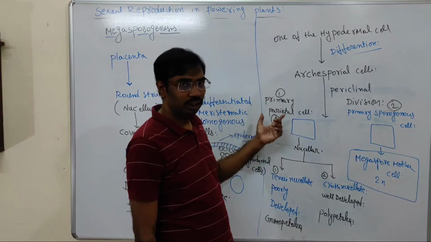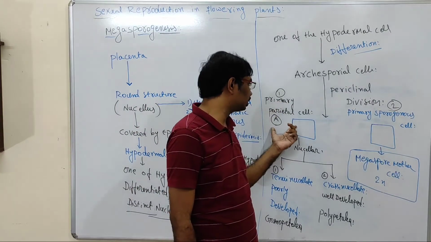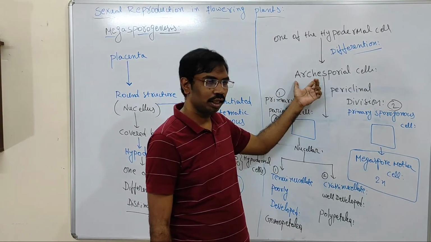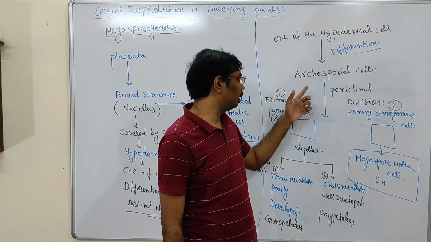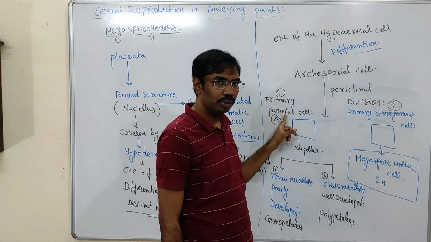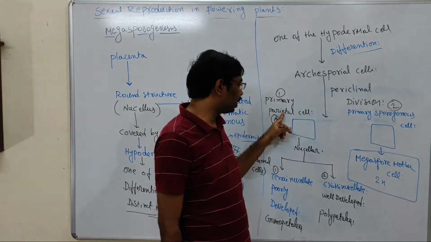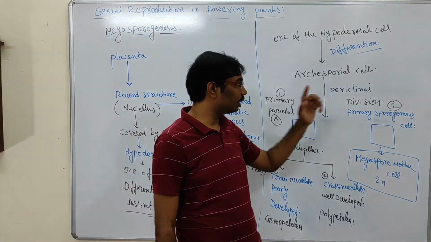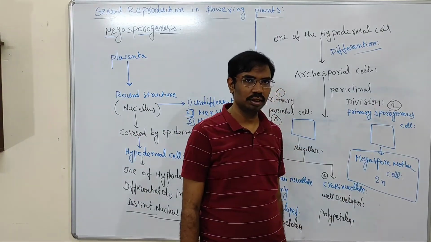Now we discuss the primary sporogenous cell. The primary sporogenous cell is a product of the archesporial cell. The archesporial cell divides into two cells: one is the primary sporogenous cell and the other is the primary parietal cell. The primary parietal cell is responsible for the formation of the nucellus.